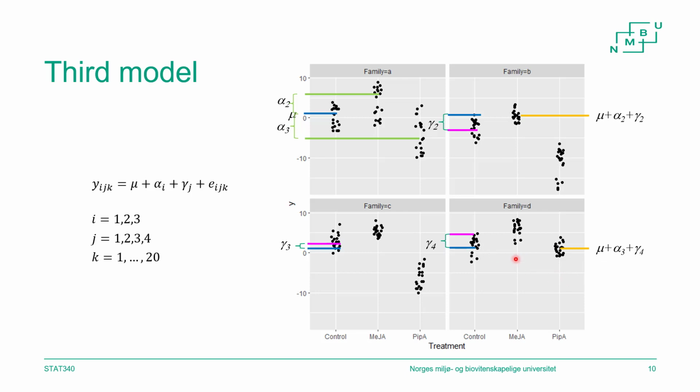But we don't, so there is an extra addition over here. So the interaction term for treatment alpha 3 gamma 4, or alpha gamma 3 4, should be positive, something like that.